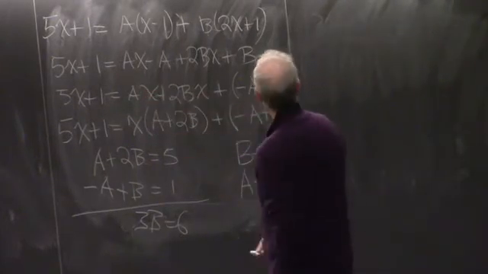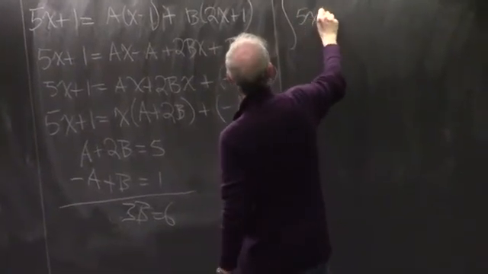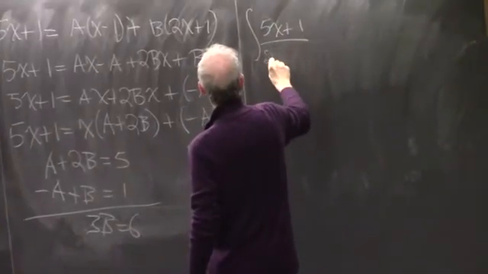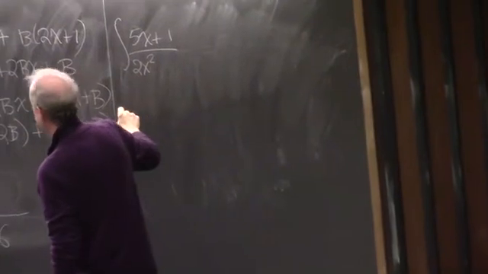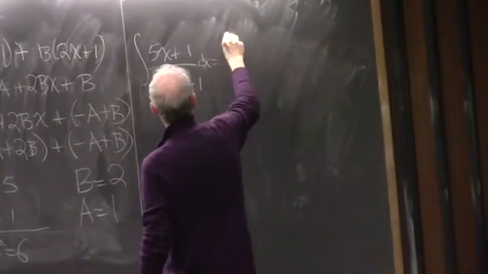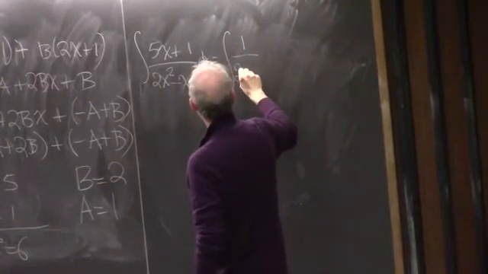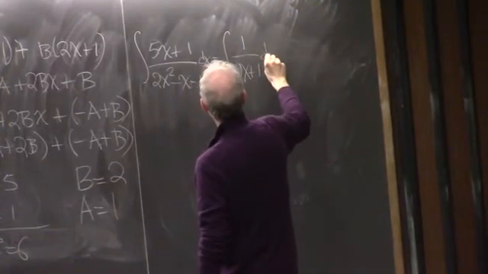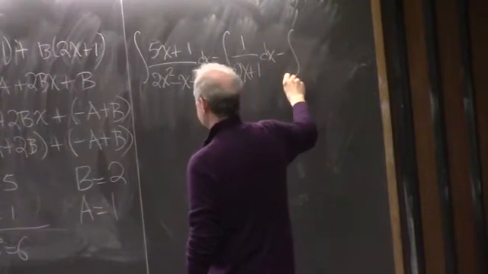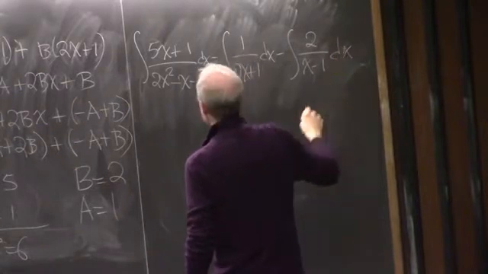So that means that the integral of 5x plus 1 over 2x squared minus x minus 1 dx is the integral of 1 over 2x plus 1 dx minus 2 over x minus 1 dx.